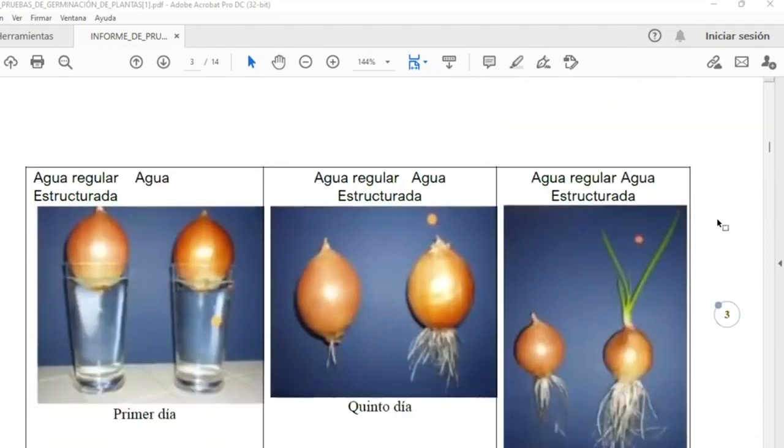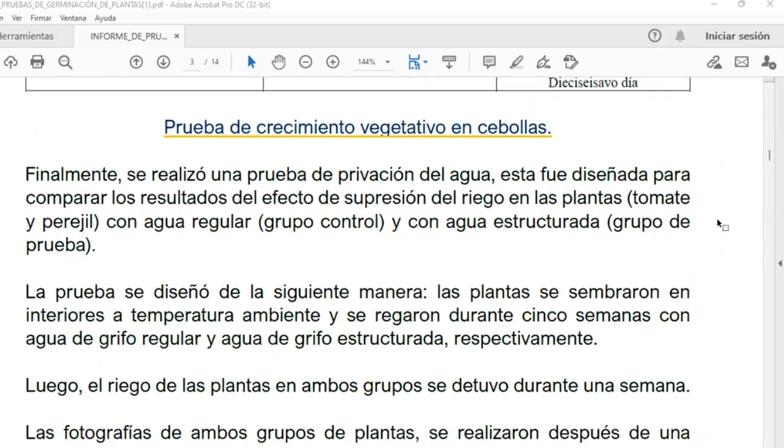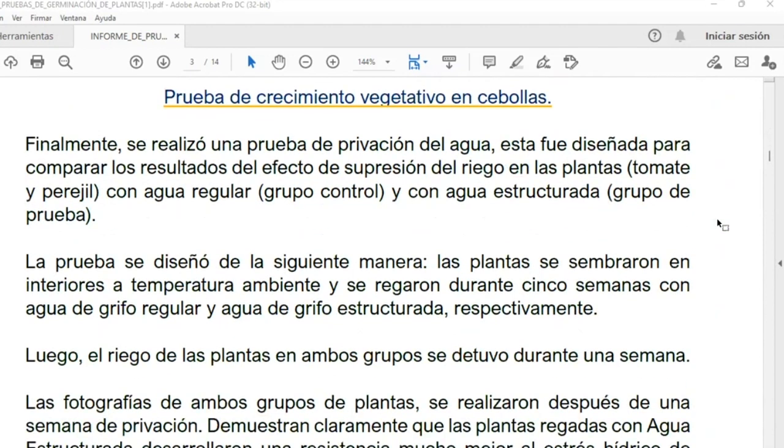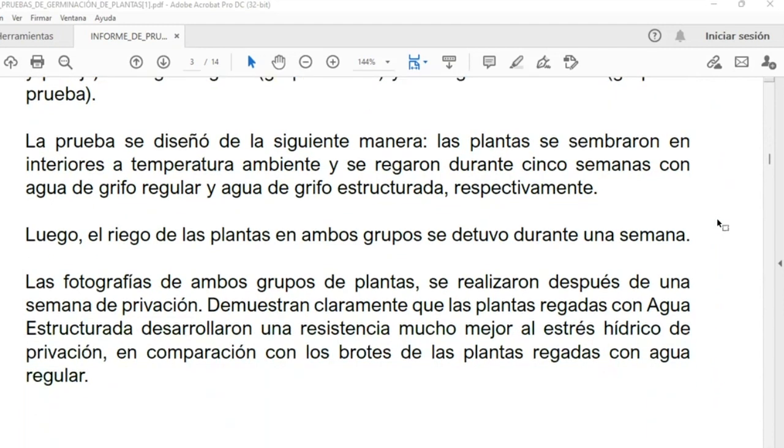So, from the water deprivation test on tomato and parsley plants, with tap water, the control, and with the structuring device, the effect was really significant. We can see in those photographs the effects that practically lead to wilting or dehydration, while the other plants remain completely active.